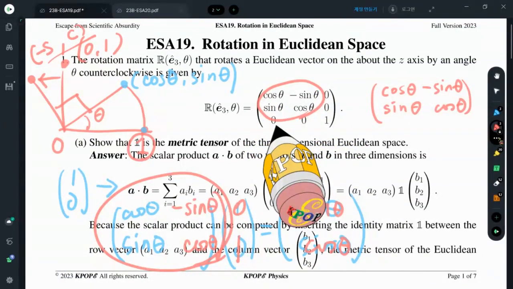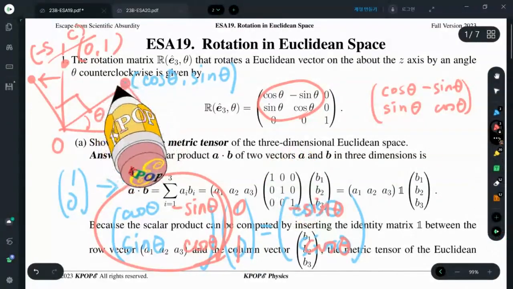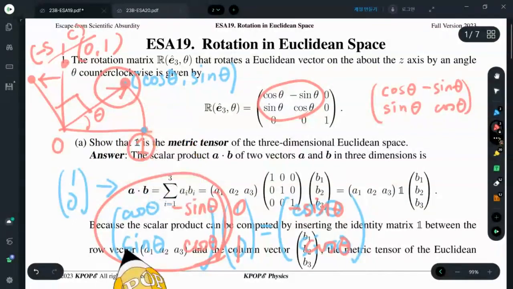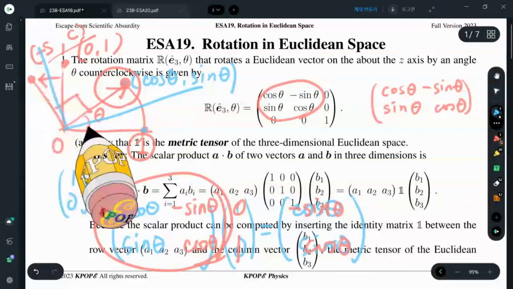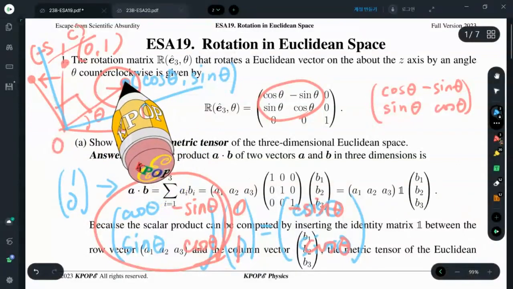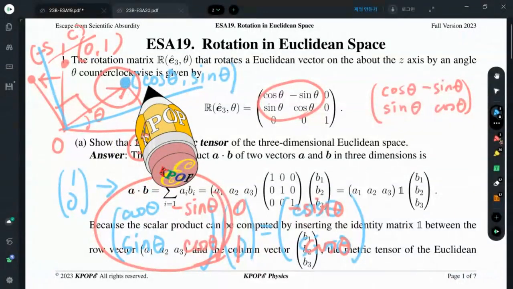In mathematics class, you usually learn passive transformation. Passive transformation says you keep a vector invariant, and just rotate the axis only. It is frozen. Mathematics doesn't want to touch the world. Physics likes to touch the world.